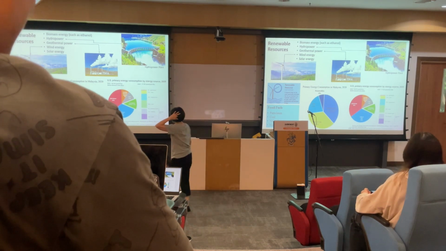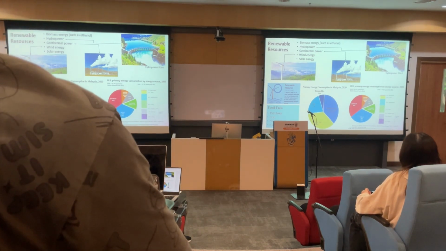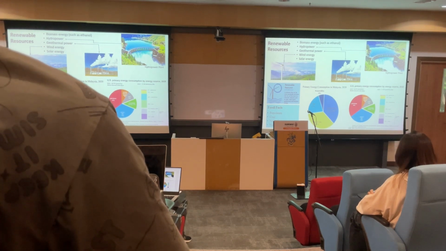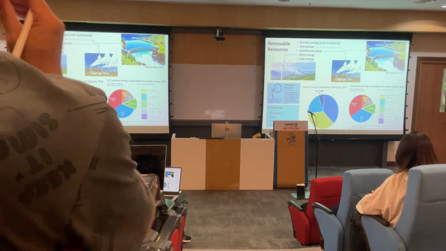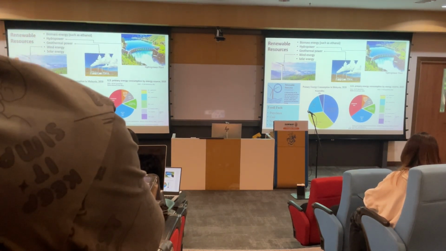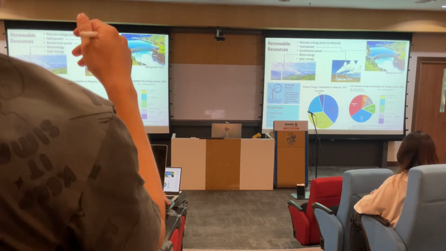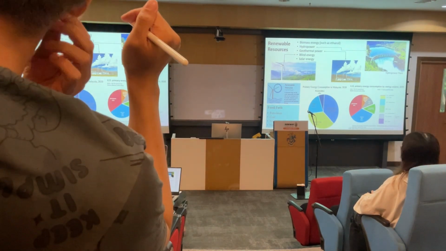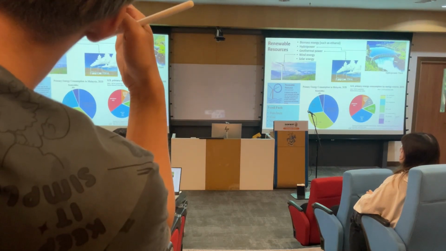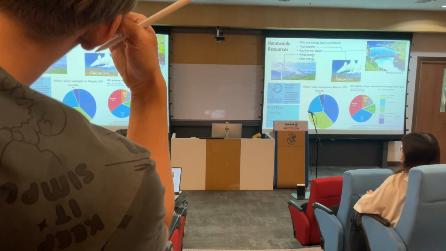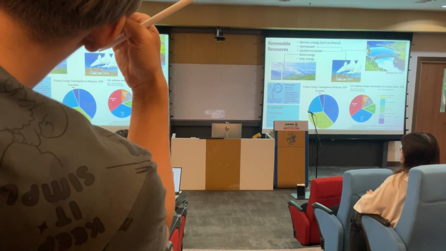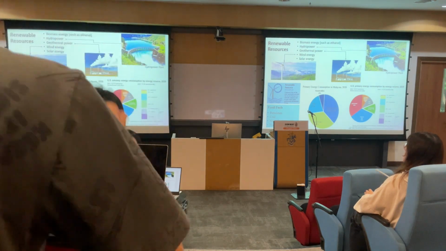Let's continue. So this is another part. We talk about the renewable resources. So what is renewable resources? That is a definition. Simply speaking, the resources that we use can be replenished and you never run out.